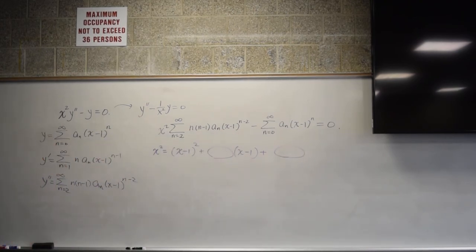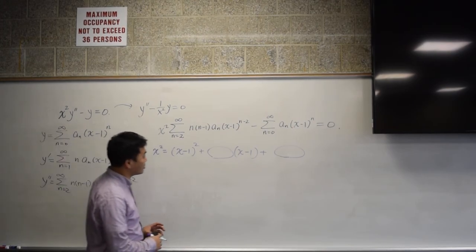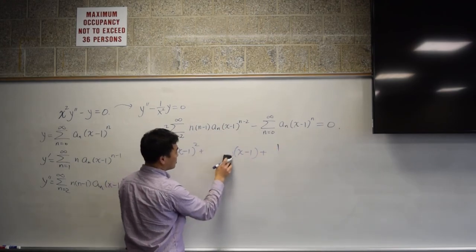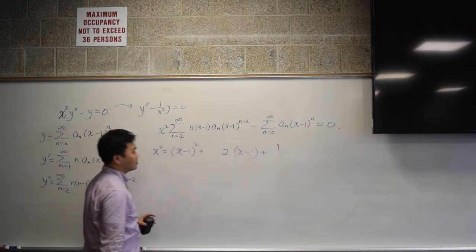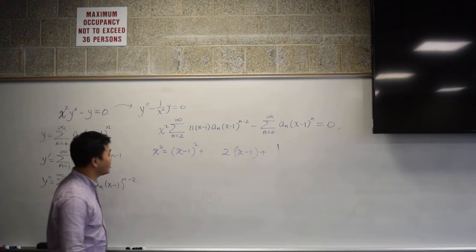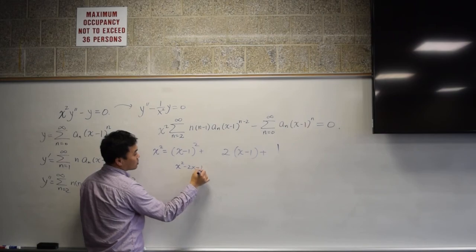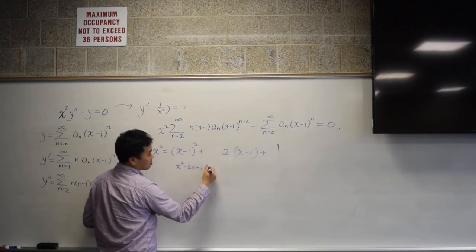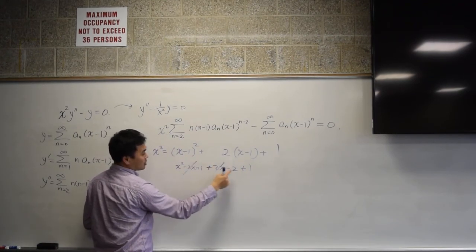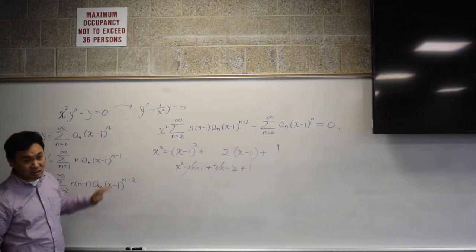I think this should be 1, and this should be 2, and that should be right. Let's just check. x squared minus 2x plus 1, that's what you get. This is plus 2x minus 2 plus 1. They cancel. 1 minus 2 plus 1 is 0, and you get x squared equal to x squared. So this is indeed true.